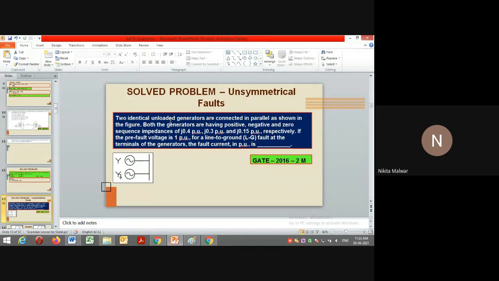Now we are given generator 1 and generator 2 with the connections star and grounded star. This star will be considered as an isolated star, and the next generator 2 has the connection of star with grounded.